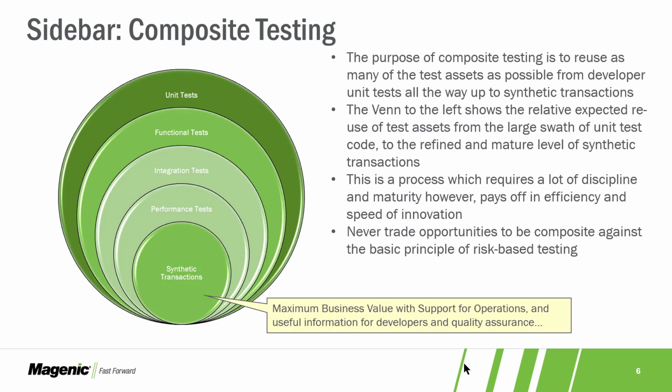I want to take a second and talk about composite testing for a minute, because at the top of the CMMI capabilities ladder, so to speak, is an efficiency that comes from effective reuse. Reuse being the holy grail of computer science in a lot of ways. And if you're a .NET developer, making your own NuGet packages to share among the teams is one way of getting to reuse.